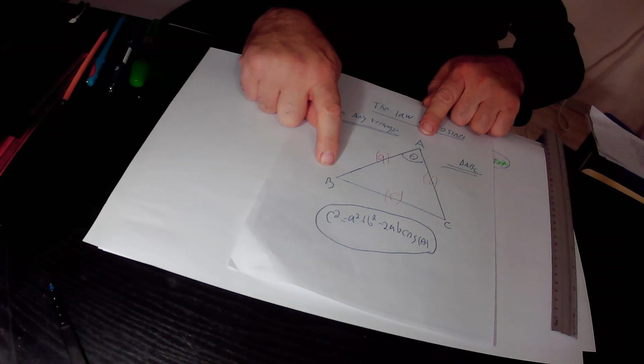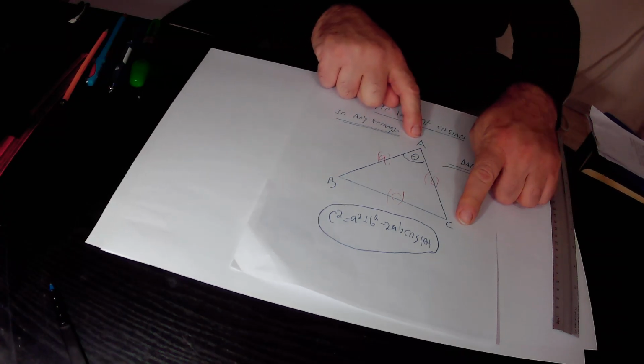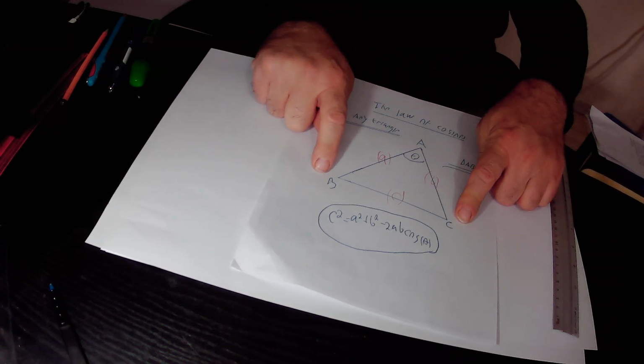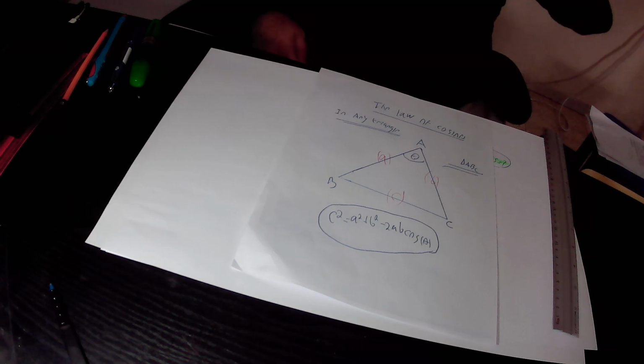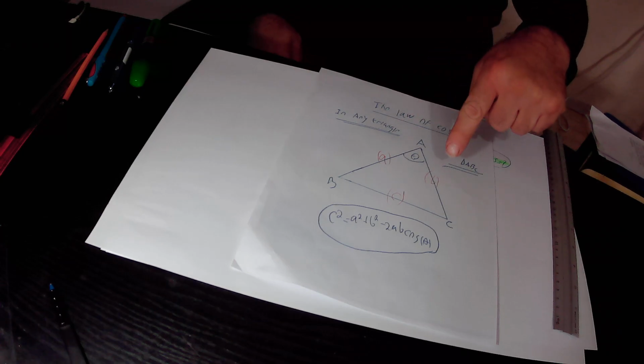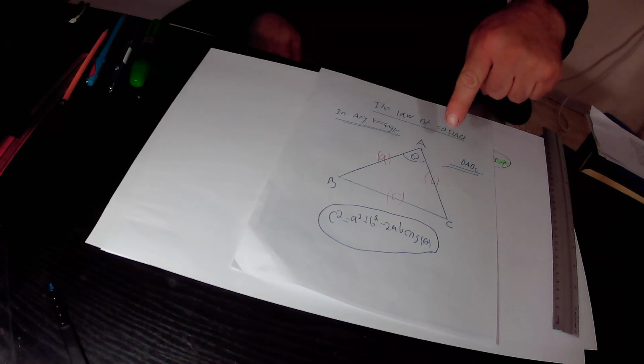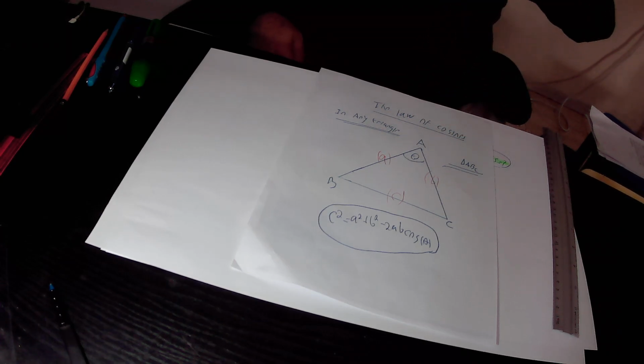AB equals c, AC equals b, BC equals a, and this is angle BAC that is equal to theta degrees in size. According to the law of cosines, the following equation is true. C squared equals A squared plus B squared minus 2 times A times B times cosine theta.